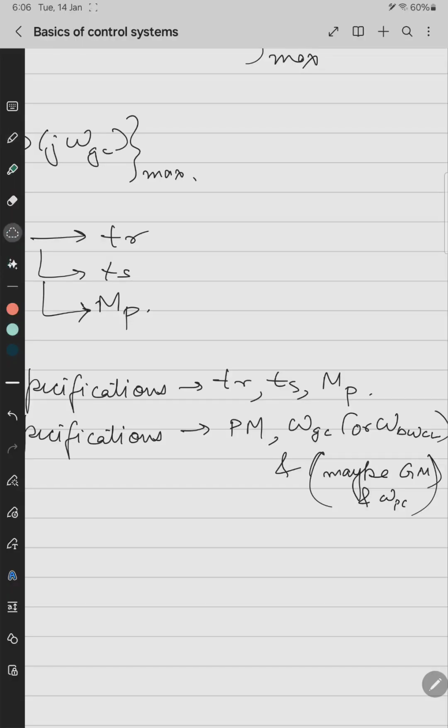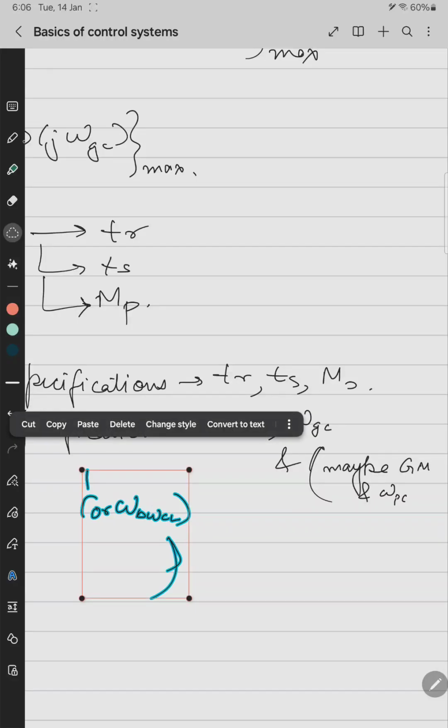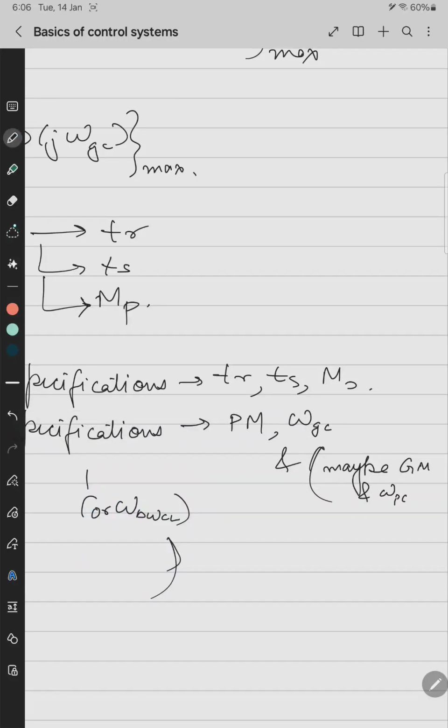Okay, I think I have made a confusion here. Let's erase it. It is either phase margin comma omega GC or gain margin comma omega PC.